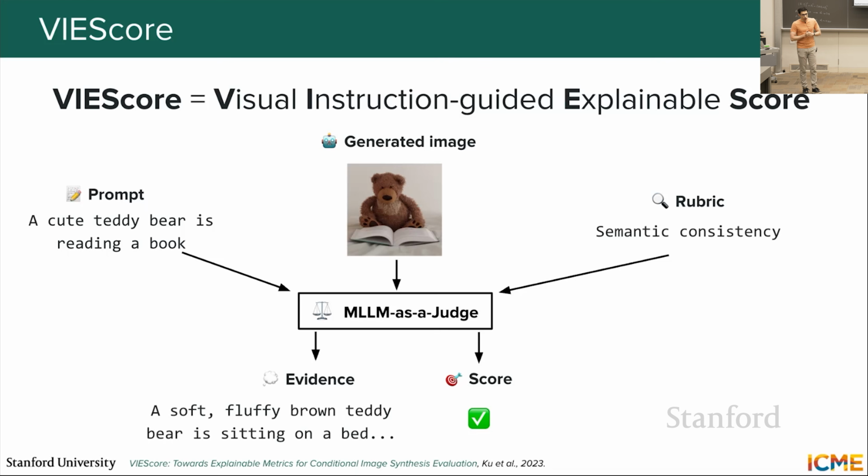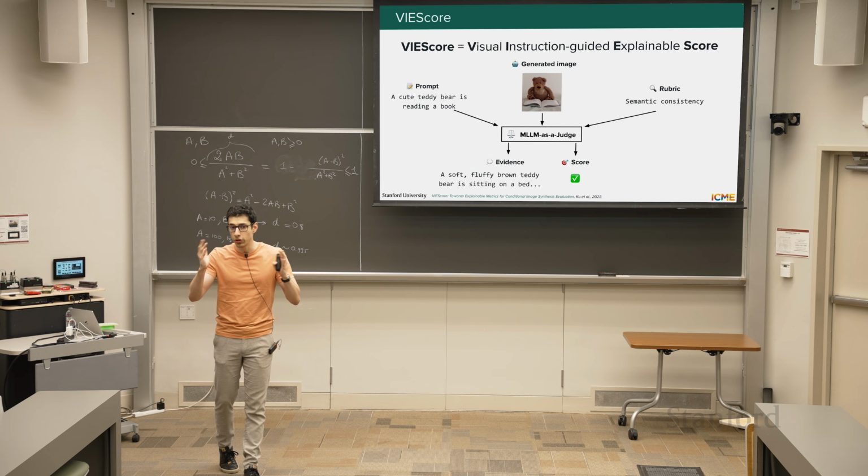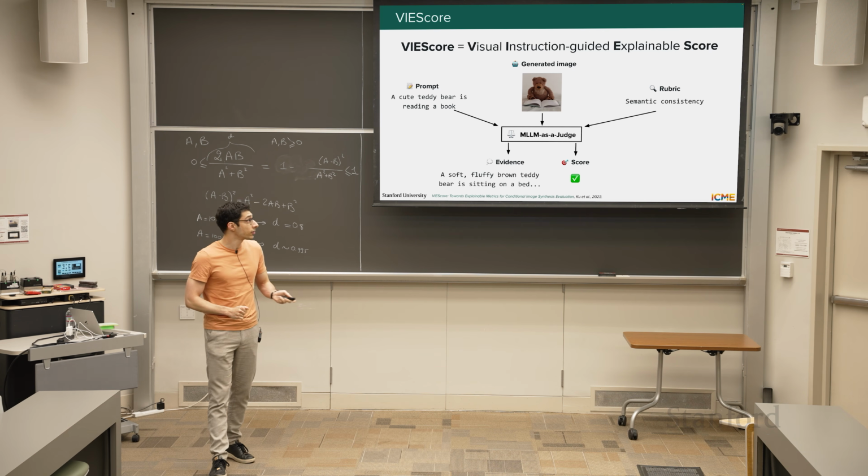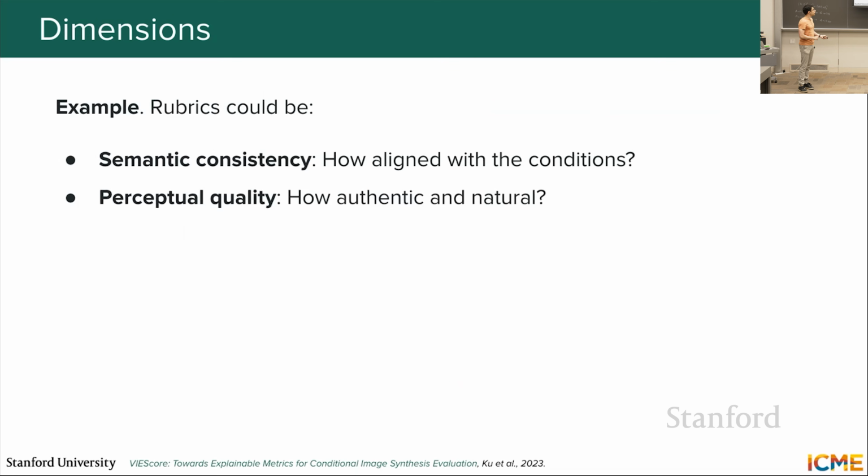And the good thing about these models is that they are interpretable, and you can ask them to output some reasoning before prompting them for a given score, which is what this paper does. And with our two dimensions that we care about, so semantic consistency and perceptual quality, respectively denoting whether the image follows the prompt and whether the image looks good.